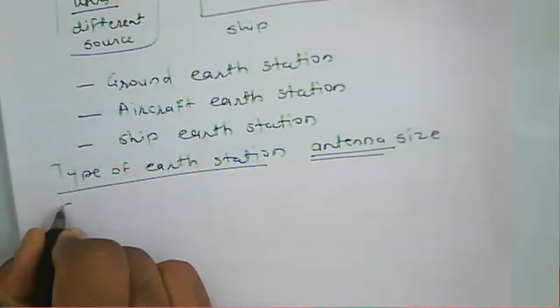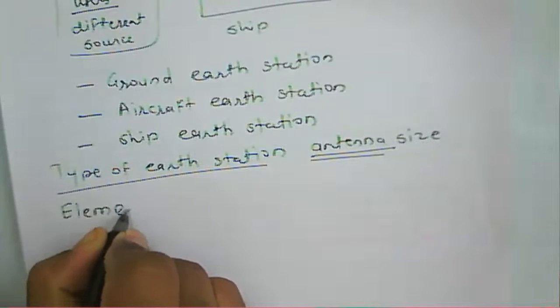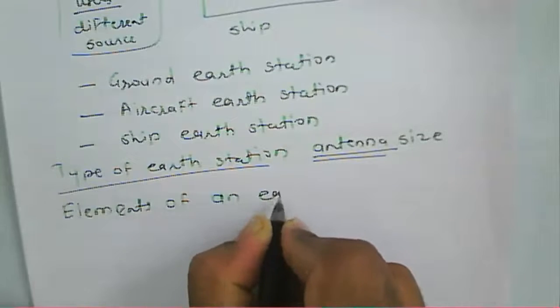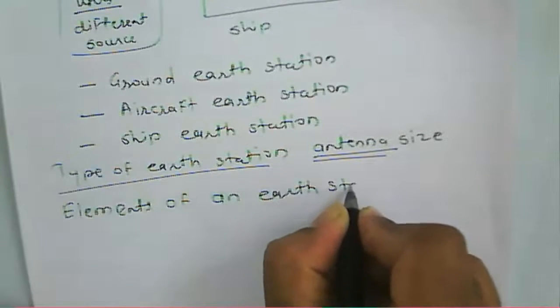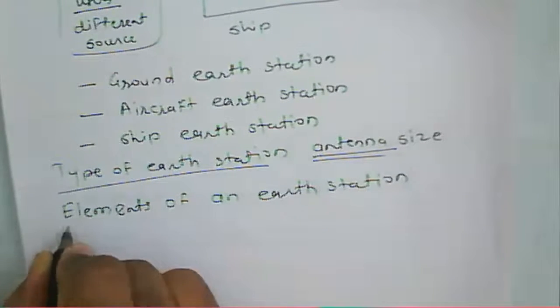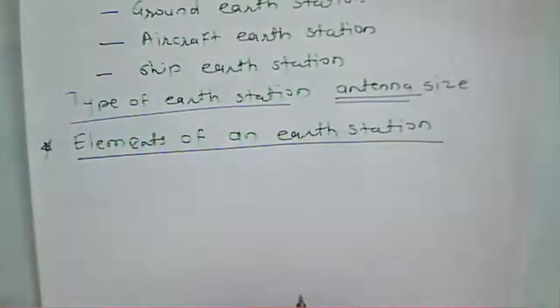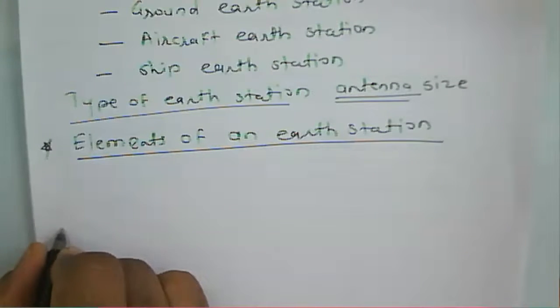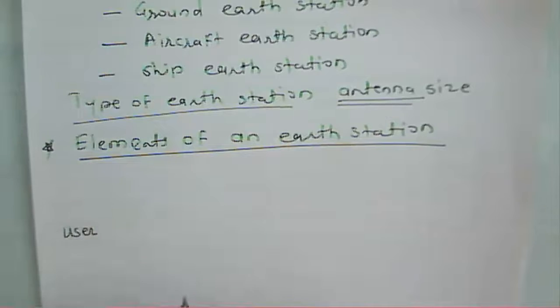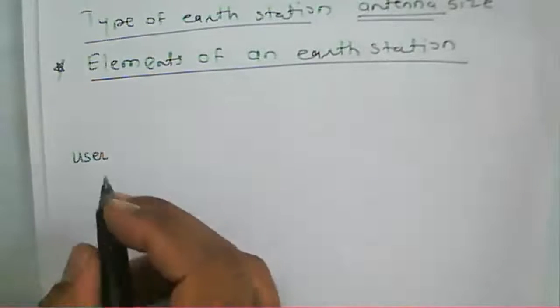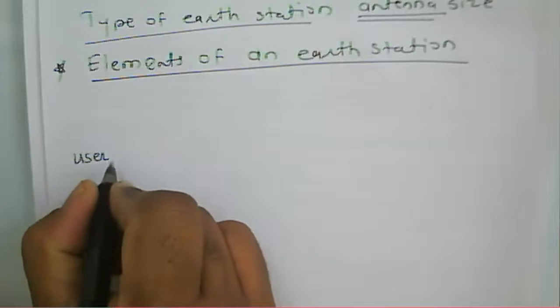So now we start here to learn what the elements of an earth station are. The basic elements of the earth station: the interface from the users to the terrestrial interface.